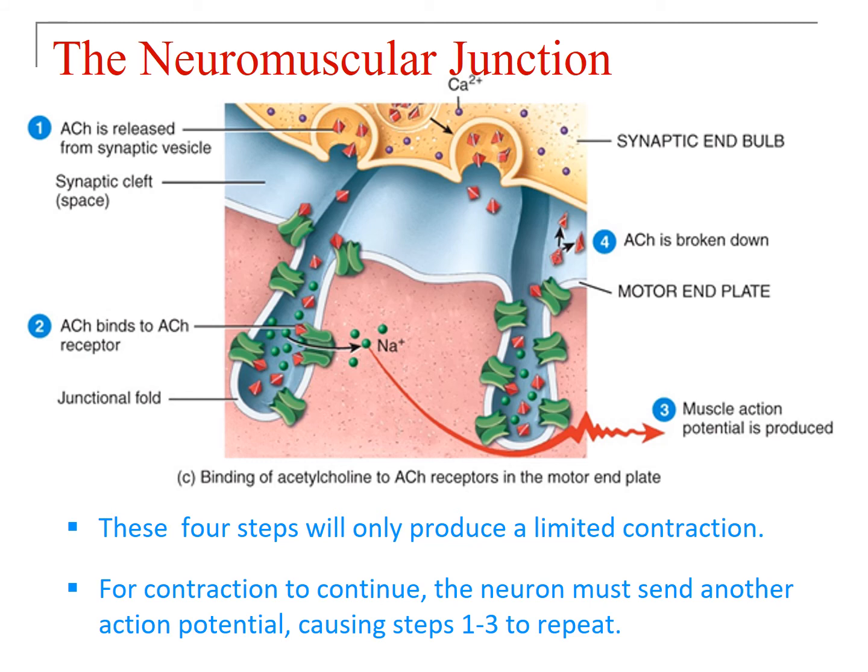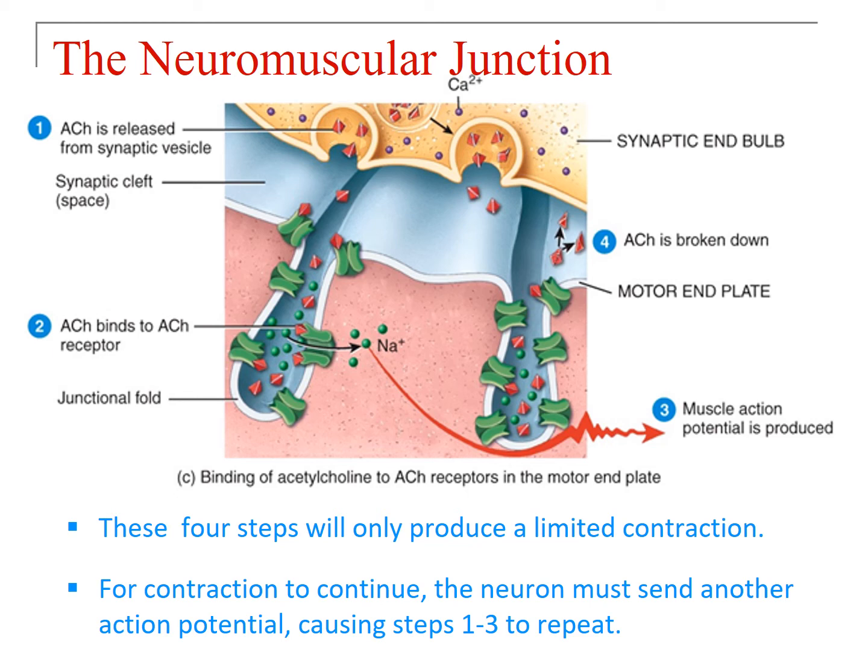If you look at the very top, at step 1, acetylcholine gets released from the synaptic vesicle. In step 2, the acetylcholine binds to the acetylcholine receptor. Once that happens, that acetylcholine receptor will open up a ligand-gated sodium channel.